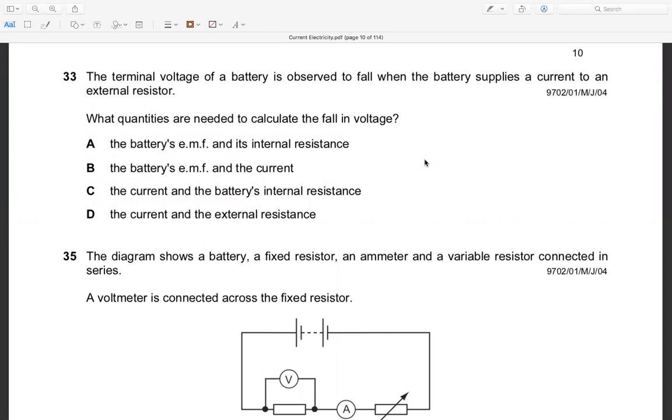What quantities are needed to calculate the fall in that voltage?